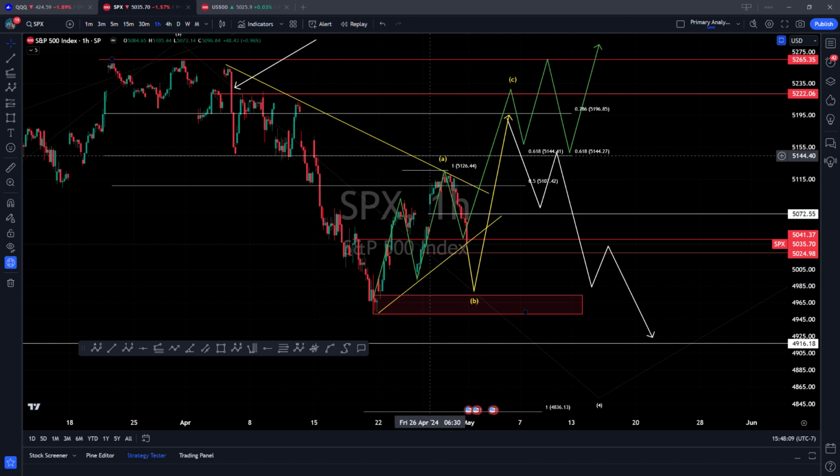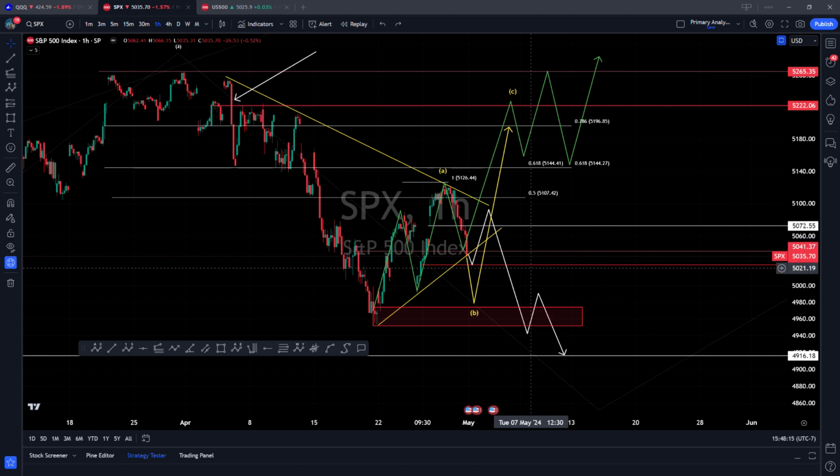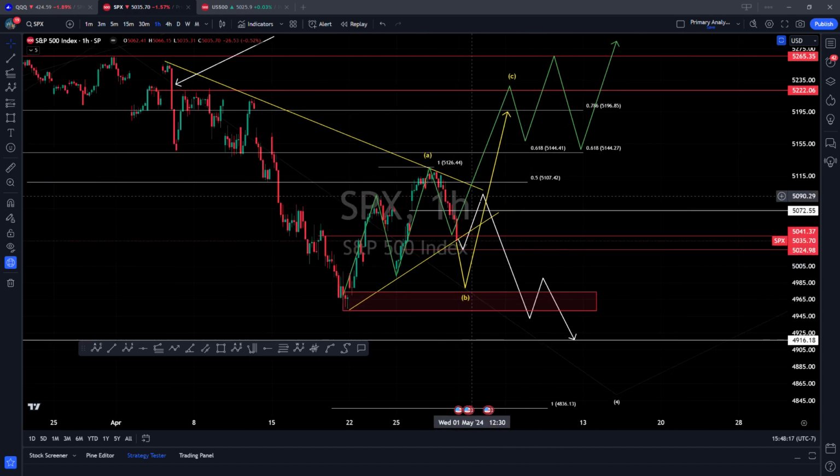If you're shorting near this trend line, which is where my previous white top was, and you get a bounce, you are getting restricted here in the 5100 area or 5080 area. This is where you want to short. You don't want to short here, right? And you certainly don't want to short the breakout, right?